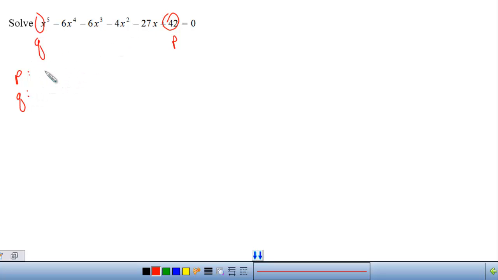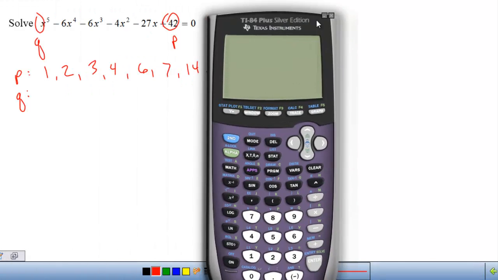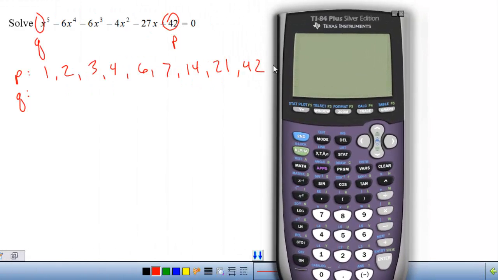There's a lot, so we'll say 1, 2 goes in there, 3 goes in there, 4 goes in there, 6, 7, 14, 21, 42. Now, if you have larger numbers that have a lot of factors, one way to go about finding these is to take your calculator and go to y equals.